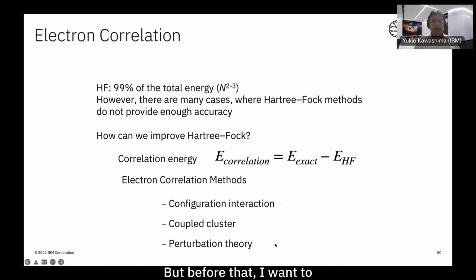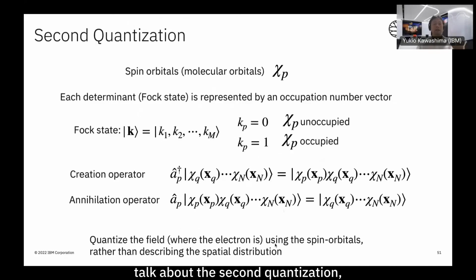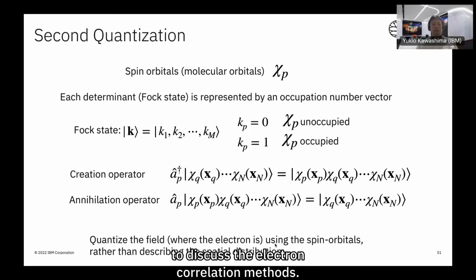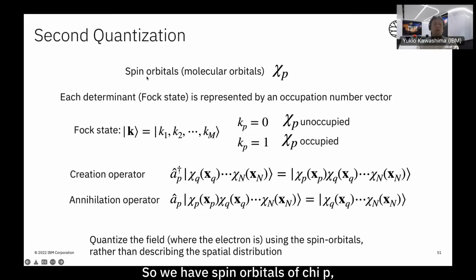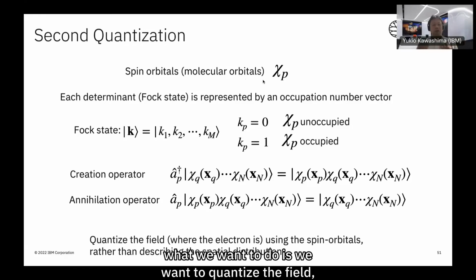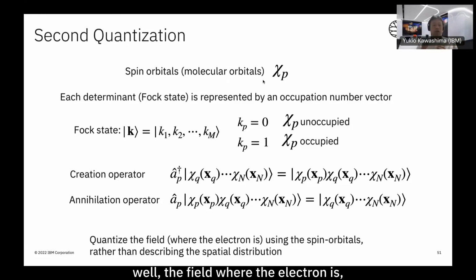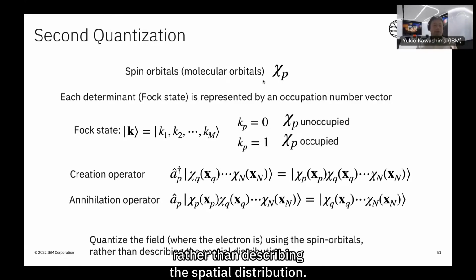But before that, I want to talk about second quantization, which is convenient to discuss the electron correlation methods. We have spin orbitals chi_p, which are molecular orbitals. In second quantization, we want to quantize the field where the electron is, using the spin orbitals, rather than describing the spatial distribution.